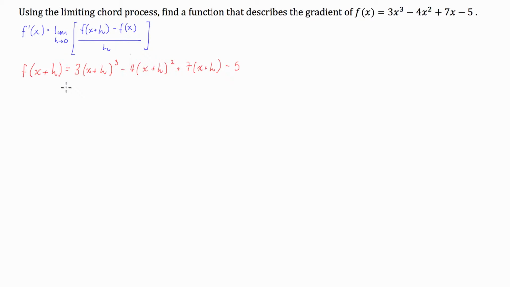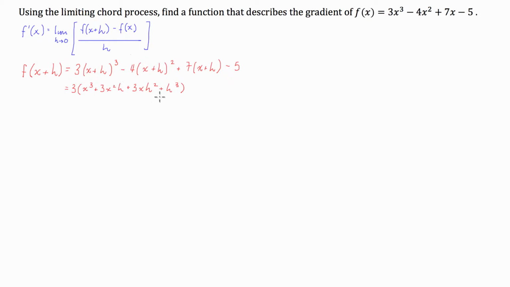We can do this in 2 steps. First of all, we're going to do the expansion of x plus h all cubed. If you're aware of how these power functions are expanded, you can quite easily just write x cubed plus 3x squared h plus 3x h squared plus h cubed.